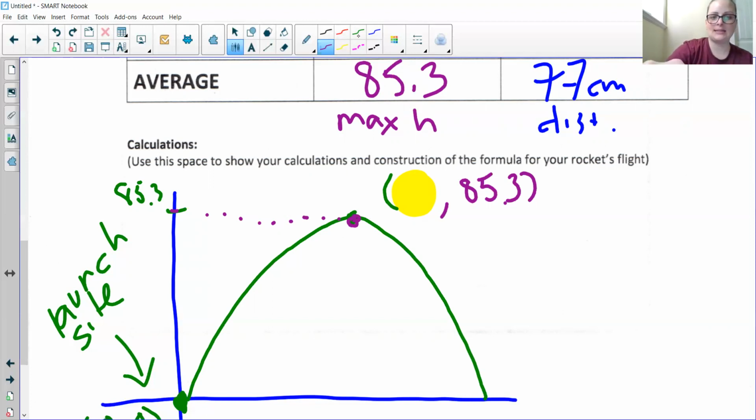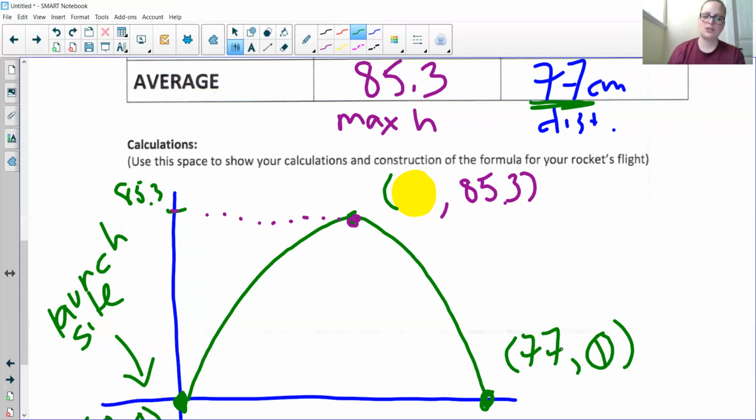And then it lands here. The height is 0. So you know the y coordinate of that point is 0, and you know the max distance it went was 77. So you have already 2 points of this parabola, and you can get that third point really easily because the vertex coincides with the axis of symmetry.